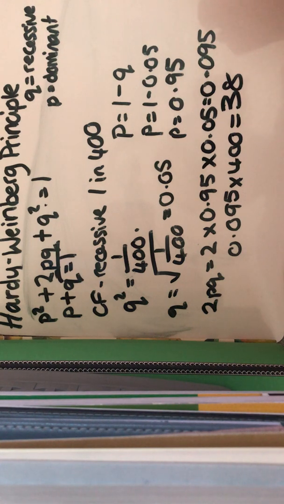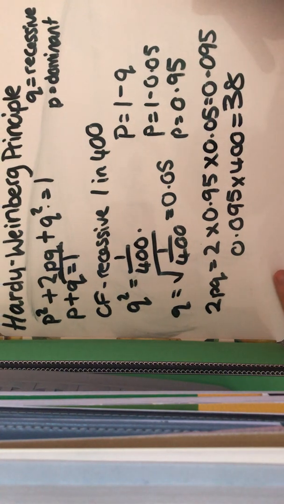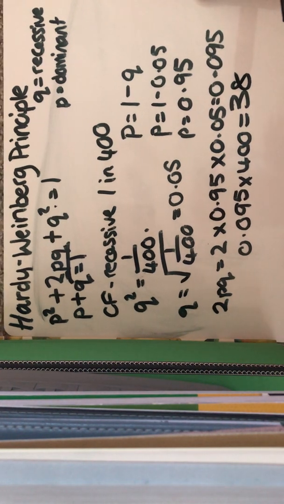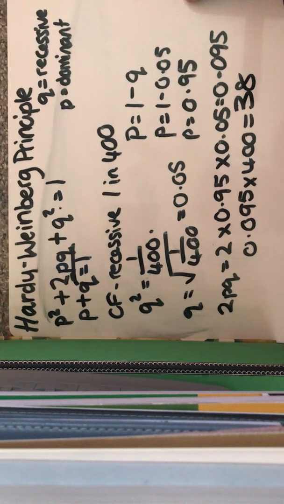Or we could work out a percentage by timesing it by 100. Okay? So that'd be 9.5% are heterozygous. So that is how you find this out, and that's how we use it.